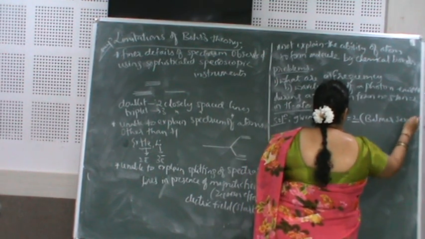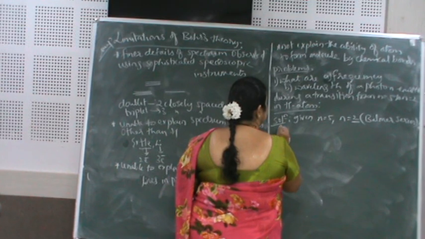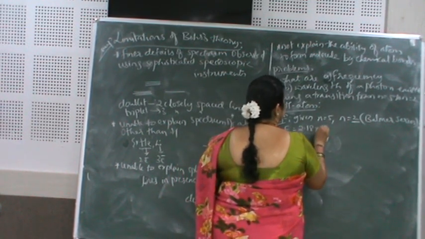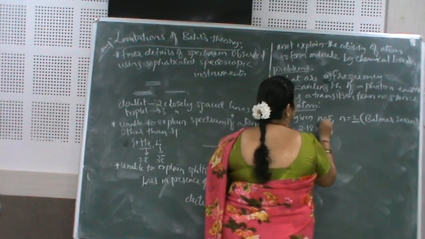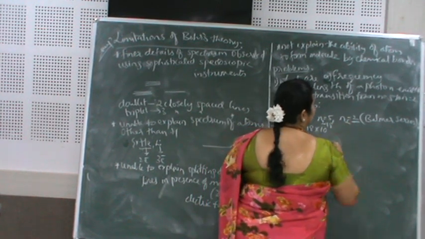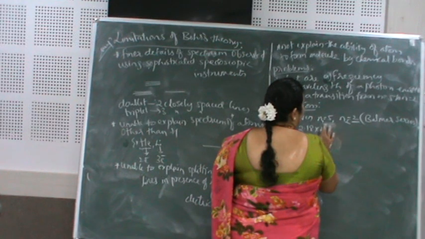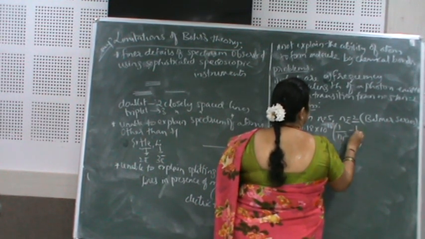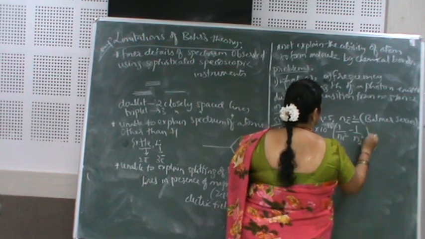Now we have the formula delta E is equal to 2.18 into 10 raised to minus 18, into 1 by n1 square minus 1 by n2 square joules, with n1 equal to 5 and n2 equal to 2.